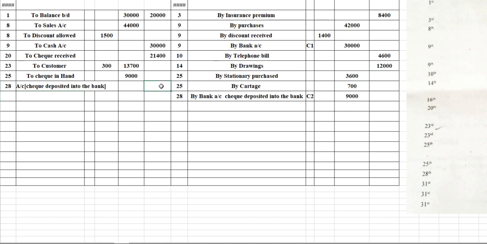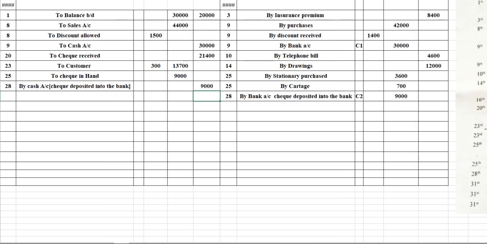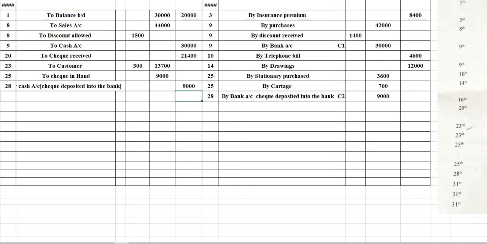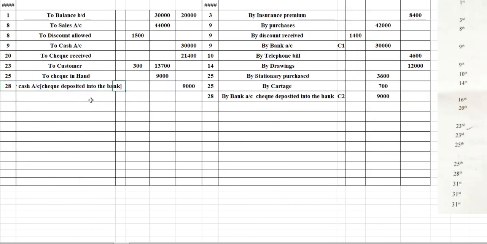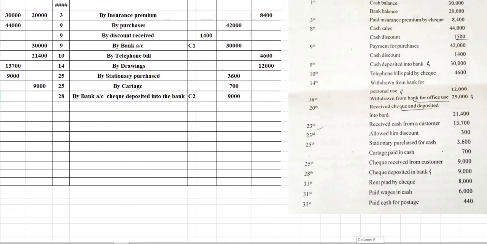In the bank account now you should show the 9,000 rupees. That I have already explained you when we were doing the 2 column and 3 column cash book, and also when I explained how to record the check related transaction. This is a contra entry 2. Okay, so here in the bracket I am recording C2, contra entry 2.